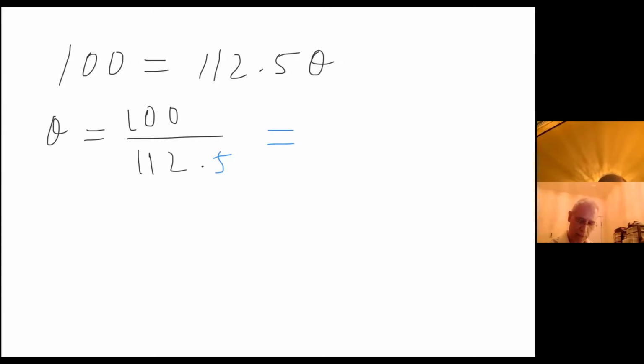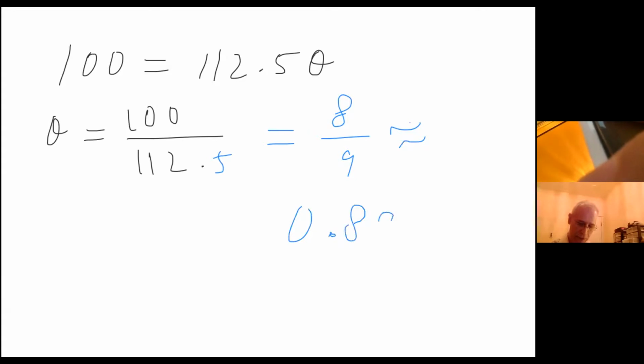Yeah, it should give me 8/9, which approximately equals, to 2 decimals, 0.89 radian.